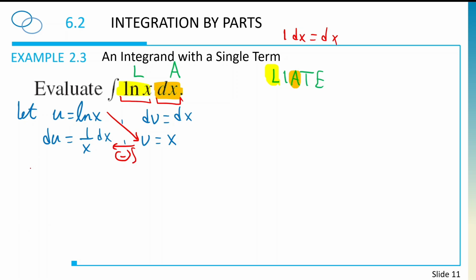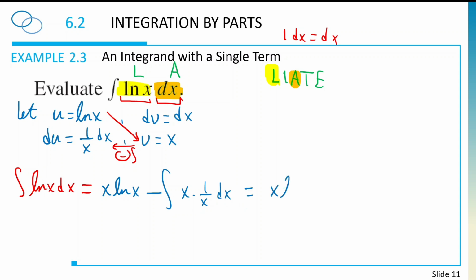So the integration of ln of x dx equals u times v, so it's x ln of x, minus, is there any other negative? No, the integration of x times 1 over x dx. Okay, perfect. The first term is as it is.